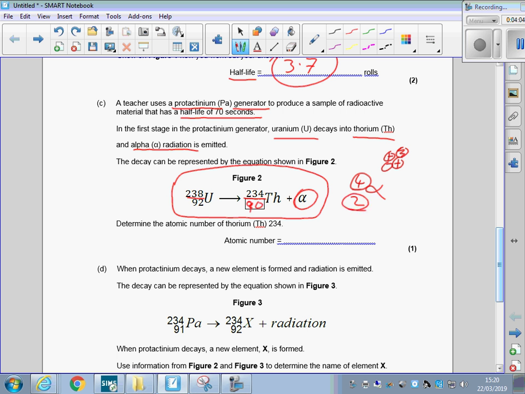There's our atomic number. So the atomic number of thorium, that's right, I haven't made a mistake. Yeah, so that is 90. It's changed to 90, so our atomic number of thorium will be 90. Is 90 a reasonable thing for an atomic number to be? Yes, your radioactive materials are going to be sort of 80s, 90s. You can even just about go into the hundreds for the really unstable ones.